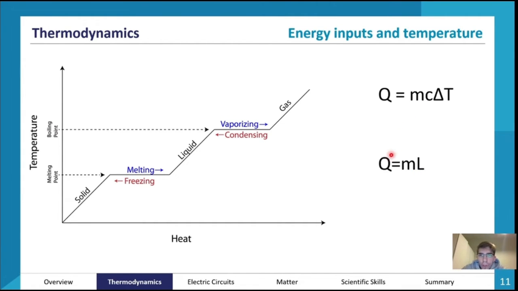The two equations that you see here, both of them have to do with the fact that when we're boiling water, let's say we have a solid cube of ice, we melt it into liquid water and then we boil it into gas. Well, obviously we are inputting energy at each stage.